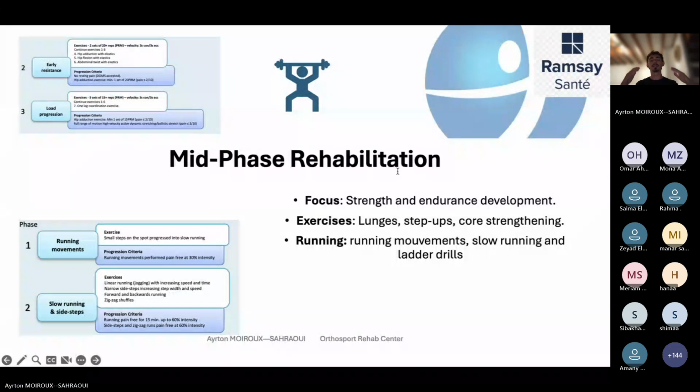Add weight progressively, but the stress mechanism during change of direction or during sport specific training has high demands. And to be good in the sport specifics, in the late phases, you need to be good in strength.